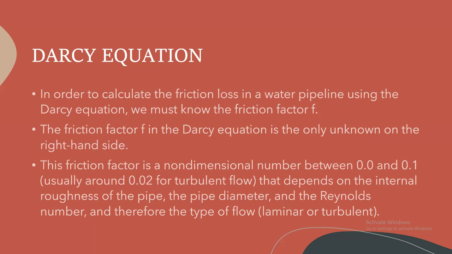This friction factor is a non-dimensional number between 0 and 0.1, usually around 0.02 for turbulent flow. That depends on the internal roughness of the pipe, and the Reynolds number, and therefore the type of flow, is it laminar or turbulent.